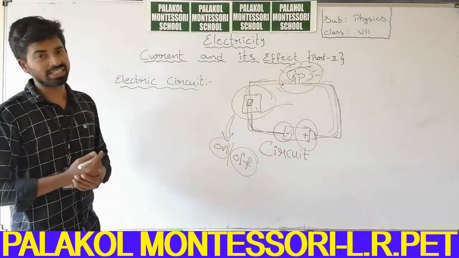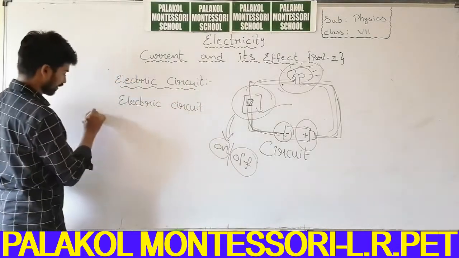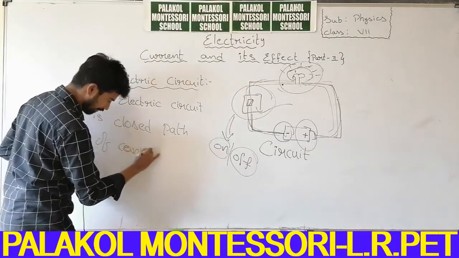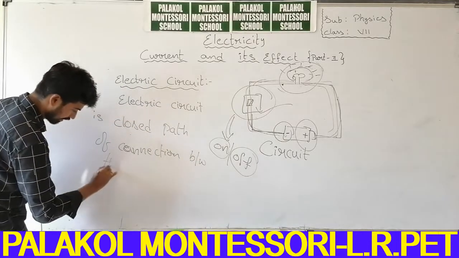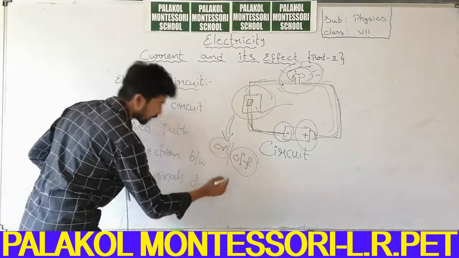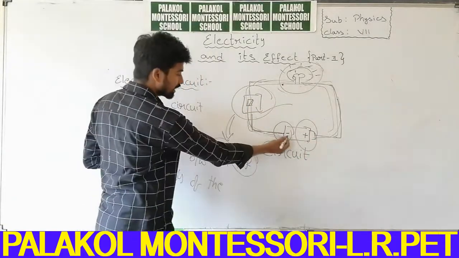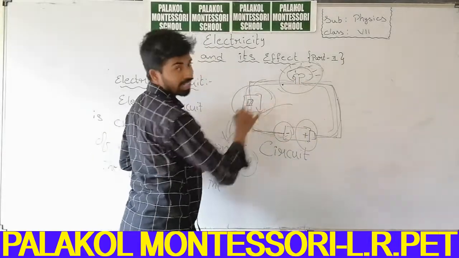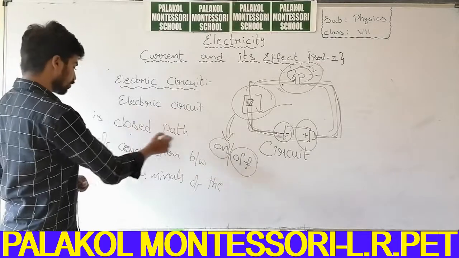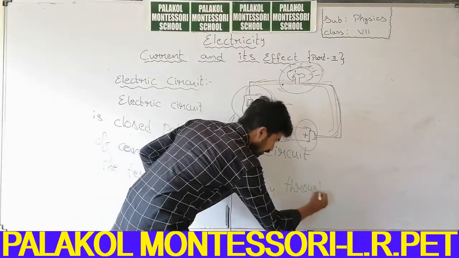So the definition: an electric circuit is a closed path of connection between the terminals of the battery, the negative terminal and the positive terminal, through some electric components.